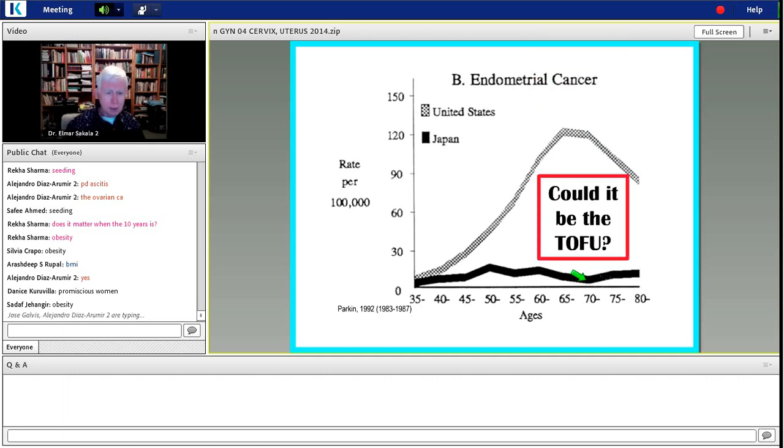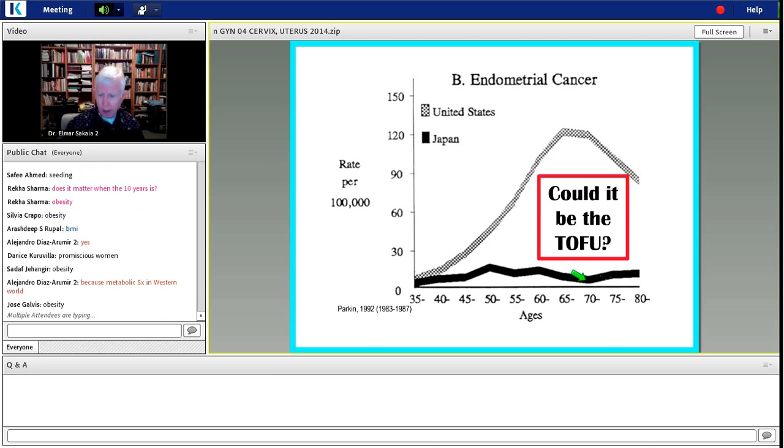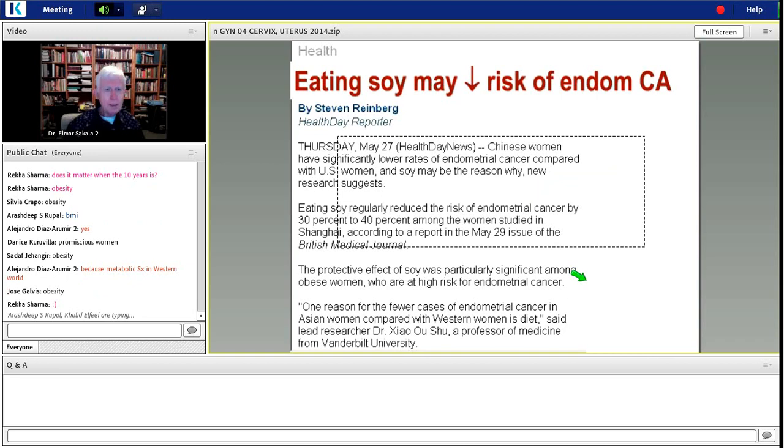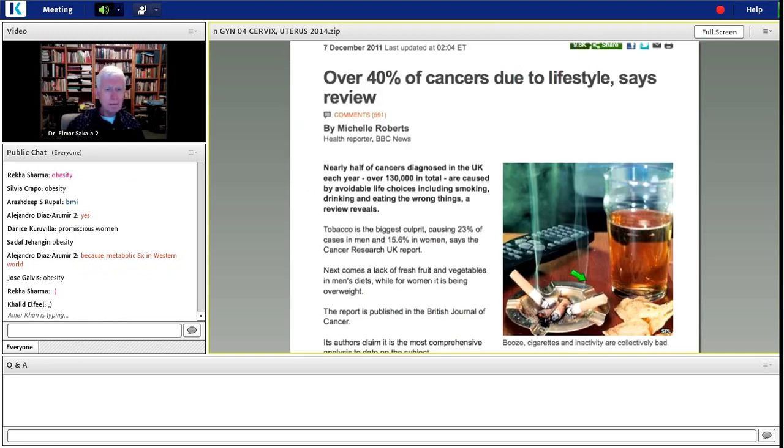And I think there is good evidence that tofu can make a difference in endometrial cancer. And here is an article: eating soy decreases the risk of endometrial cancer by 50% in women, especially those who are obese, 30 to 40%. So your diet can make a difference.